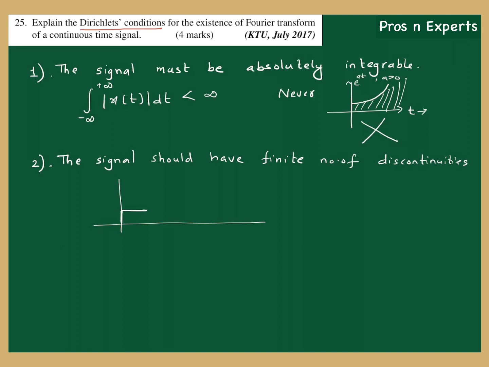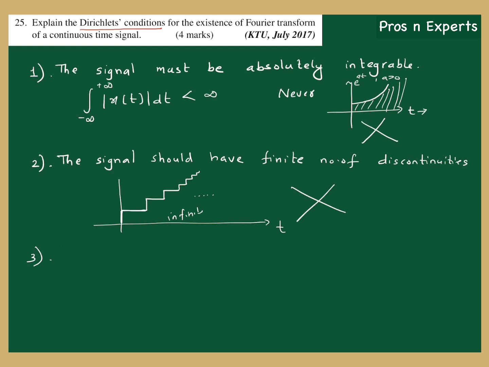Here it is a discontinuity. Again comes another discontinuity. Then comes the next, and this goes to infinity. So in a given time slot, you can see an infinite number of discontinuities in the signal. Such a signal will never have a Fourier transform.